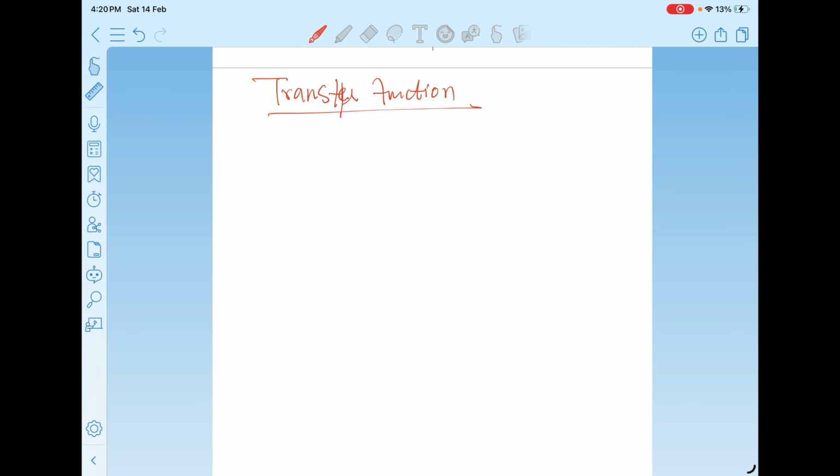Transfer function is a mathematical term used to define the response of the system. That means it is just the output function divided by the input function. Any system, any mechanical system or electrical system, which is expressed in terms of output function to the input function, is called a transfer function.